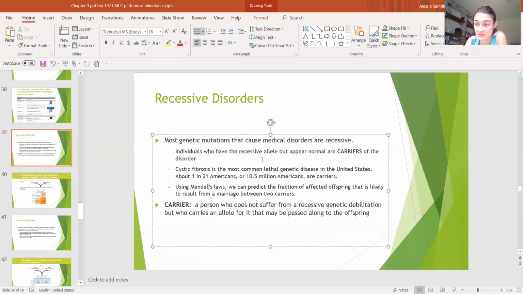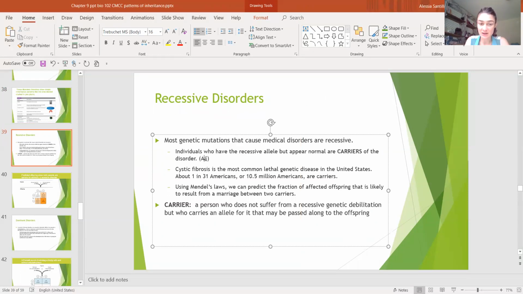Individuals who have the recessive allele but don't have any symptoms of the disorder are known as carriers. These individuals are heterozygous, meaning they are big A, little a. They have one recessive allele and one dominant allele, and because of that dominant allele, they don't have the recessive disorder.